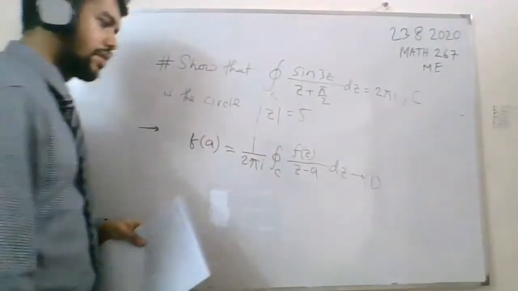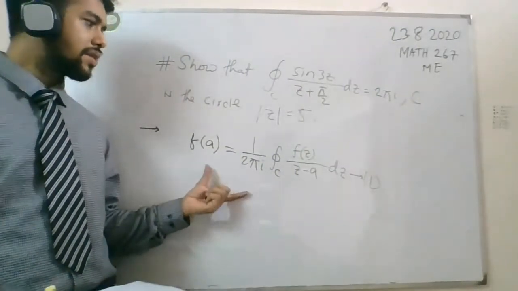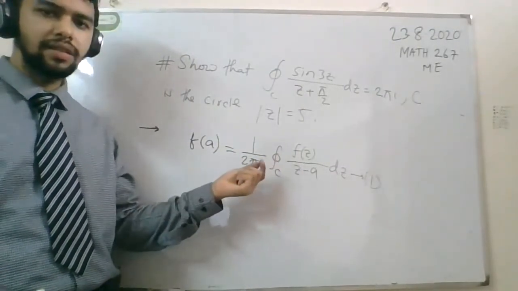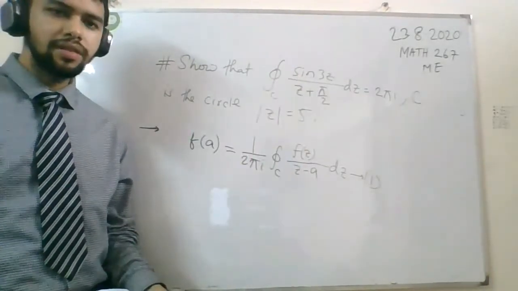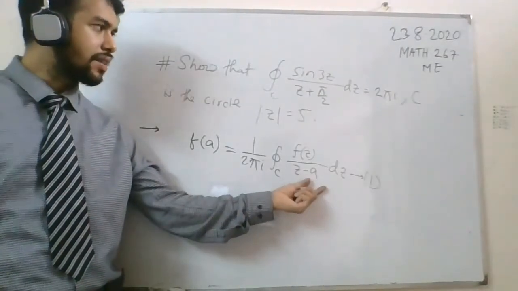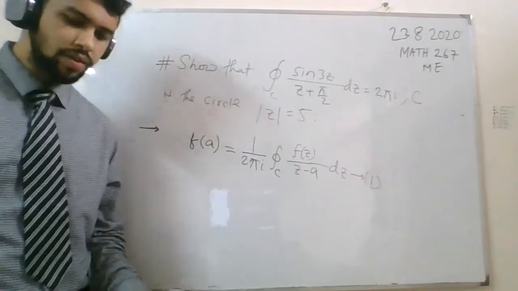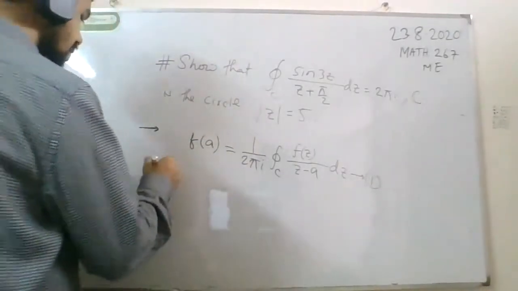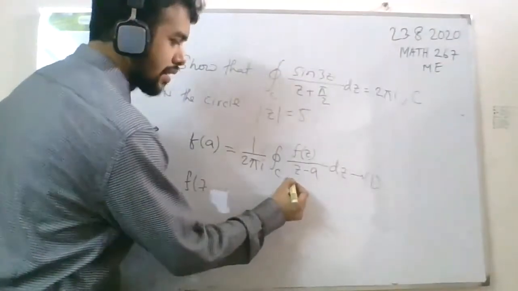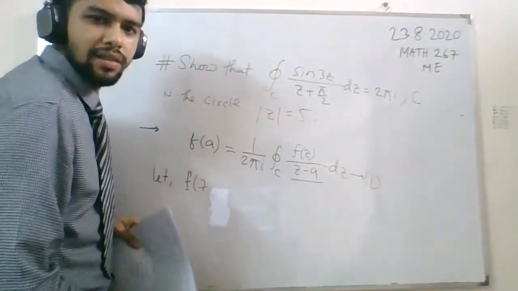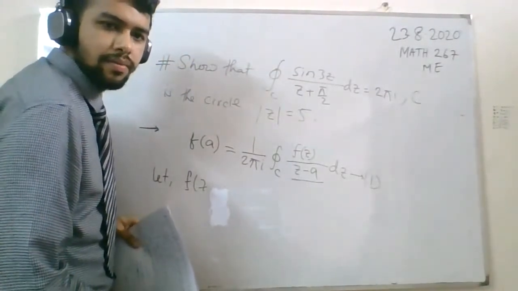So this is our Cauchy integral formula. So at first you have to let f(z) equals sin 3z. Then you have to find the point which is z minus a. So here a equals what? Pi by 2. Minus pi by 2, sir. Yeah. So here a equals minus pi by 2. Then you have to compare. Sir, how will we find it? What formula is given to us? Tell me. z minus a, sir. So z minus a is here.